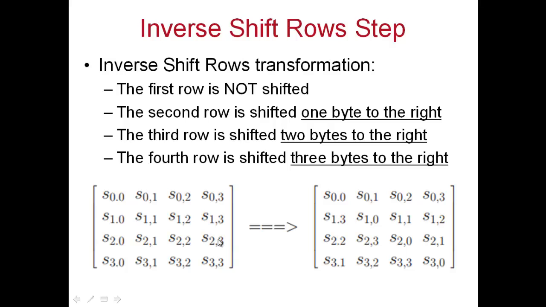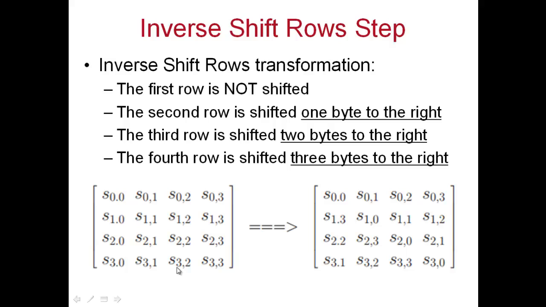So it comes here and wraps around and comes here, so this is S22. S23, if you shift to the right, wraps around by 2 bytes, so this is the first position and this is the second position, so S23 comes here. The fourth row is shifted 3 bytes to the right, so S30 is shifted 3 bytes to the right, 1, 2, 3 bytes.